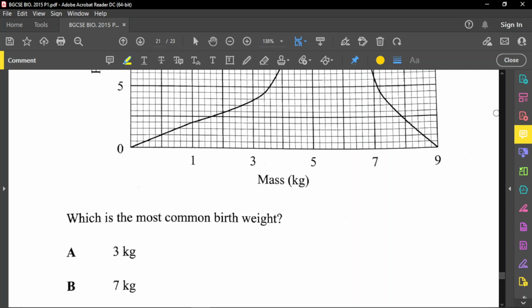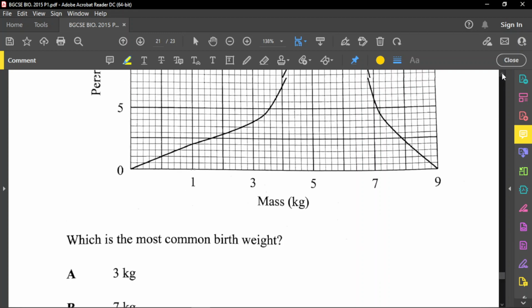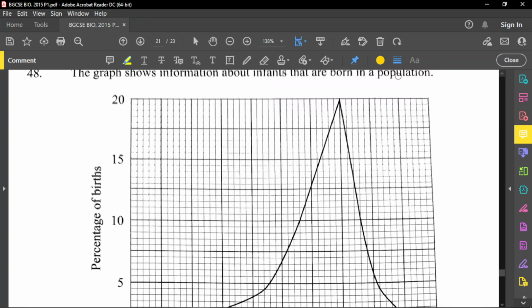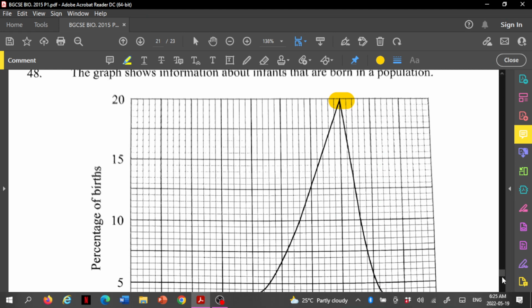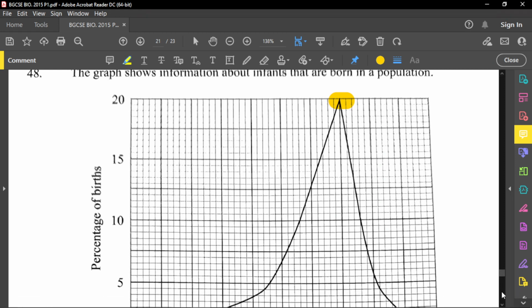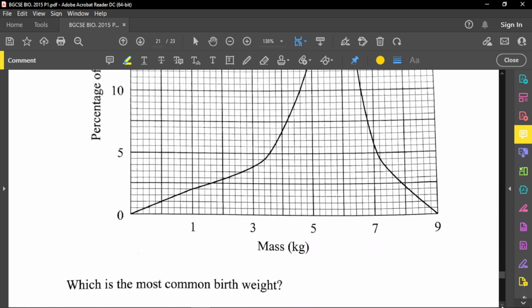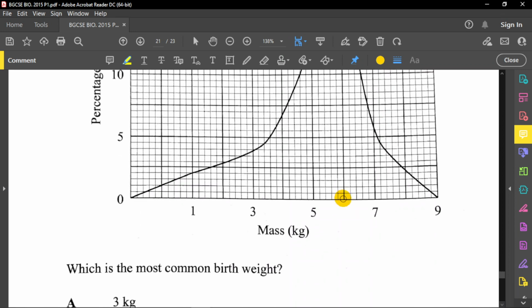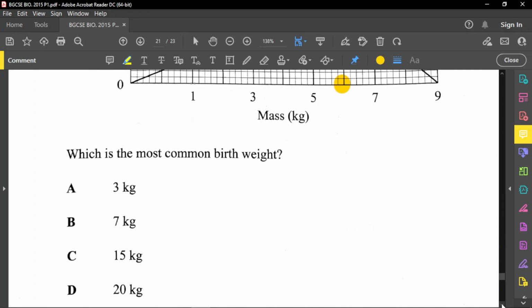Let's go back to the graph with the highest point we're looking for right here. Let's follow this line all the way down, to see where this is leading to, which is 6, the highest percentage, which is 20% of the population.